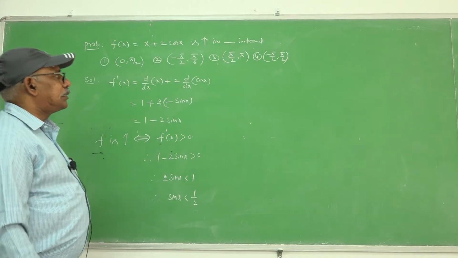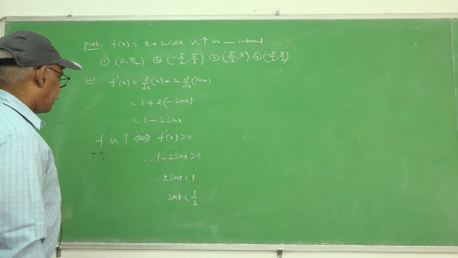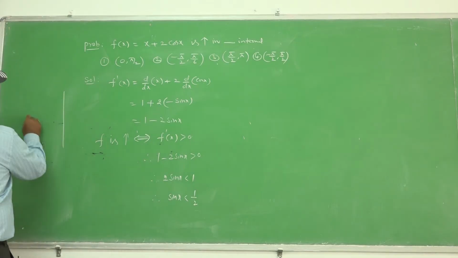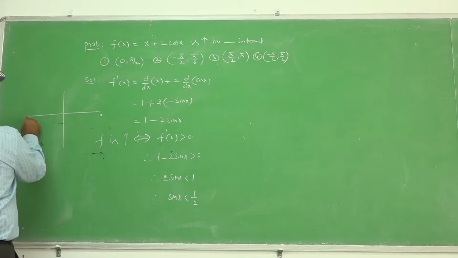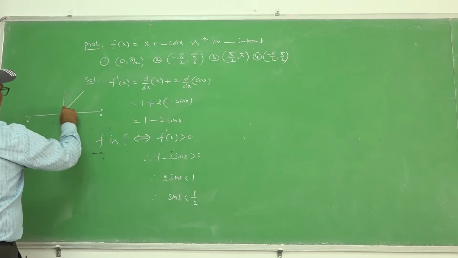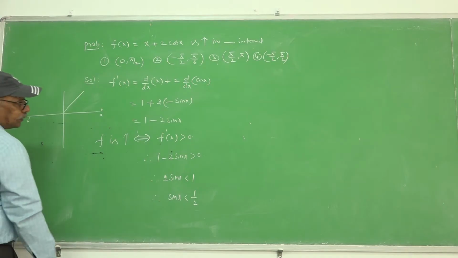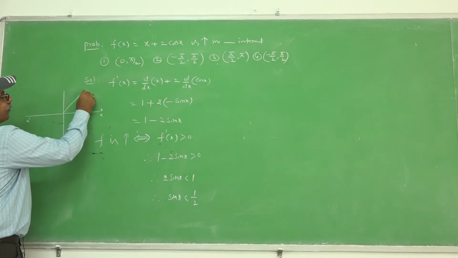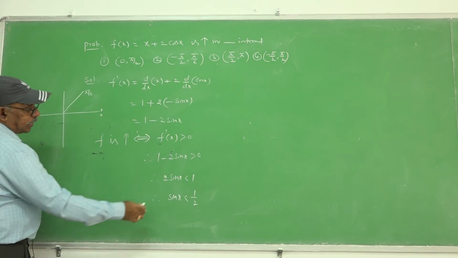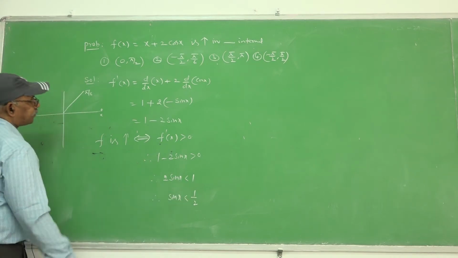Since sin x is less than 1 by 2, let us consider the quadrants. Sin pi by 6 is 1 by 2.